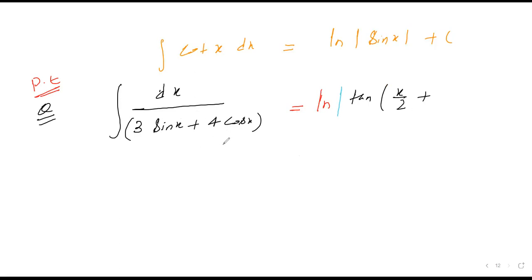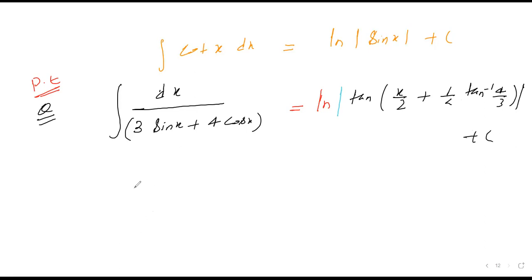This is not a completely new problem. It might be possible you have already seen such types of functions. So ln modulus tan x by 2 plus half tan inverse 4 by 3, plus constant of integration c.